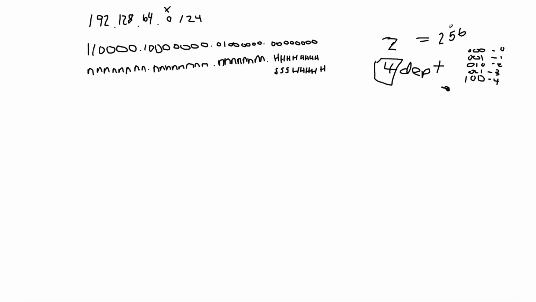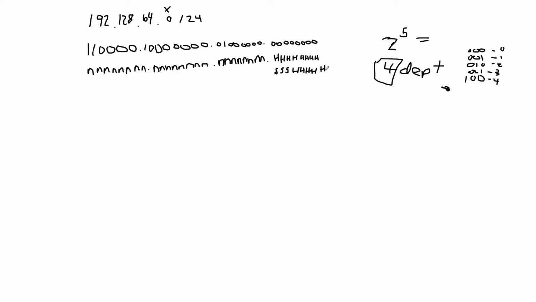So let's go ahead and clear this out. Now I only have 1, 2, 3, 4, 5. I've got 5 host bits. What number can I count up to with 5 bits?